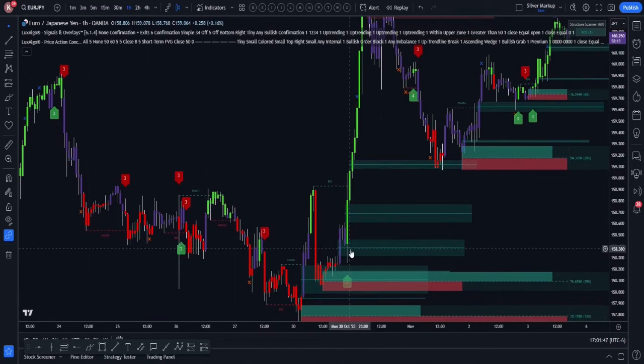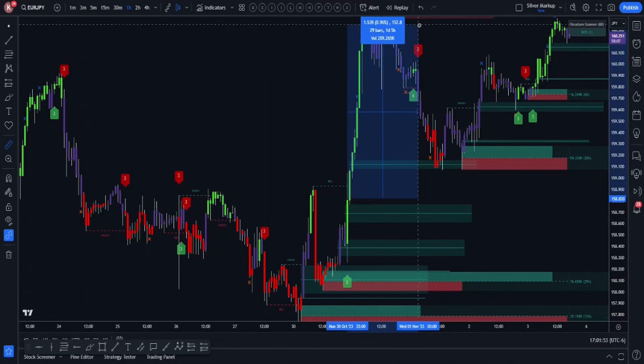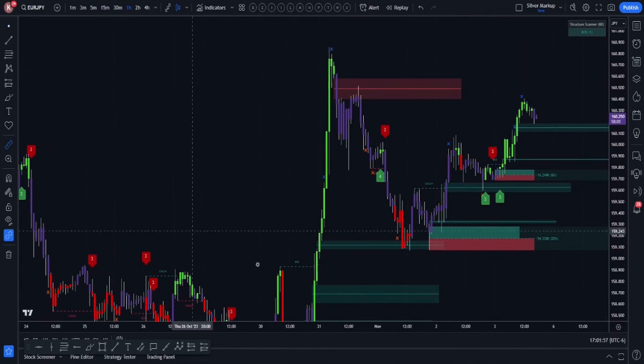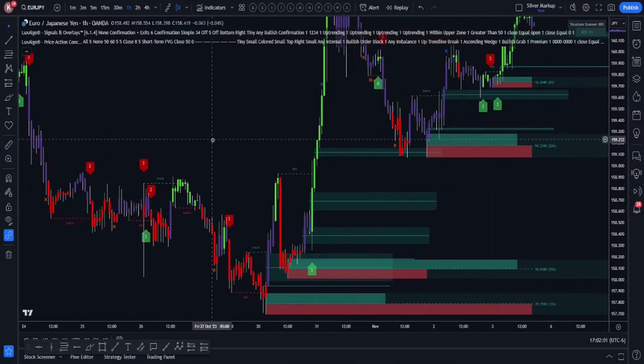So you get your entry here. This entry would have been a pretty good return with very little drawdown, going above 150 pips, probably 200. The way I would have done my stop loss is at the bottom of this imbalance zone that got created.